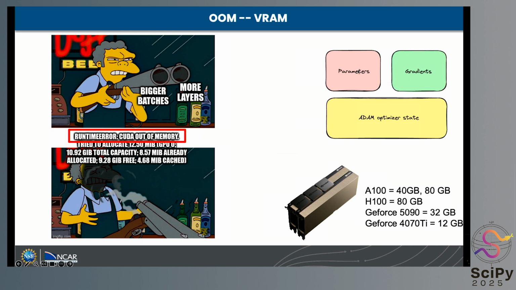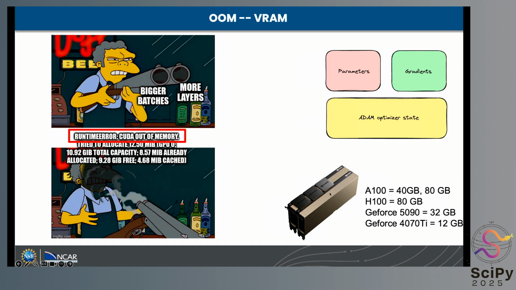And to understand what goes into the VRAM, or the memory of the GPU, the parameters, the gradients, and the optimizer state usually go on the VRAM. This is the Adam optimizer, but it can be other optimizers as well. And the bigger the batches, the more data you're storing on your VRAM.